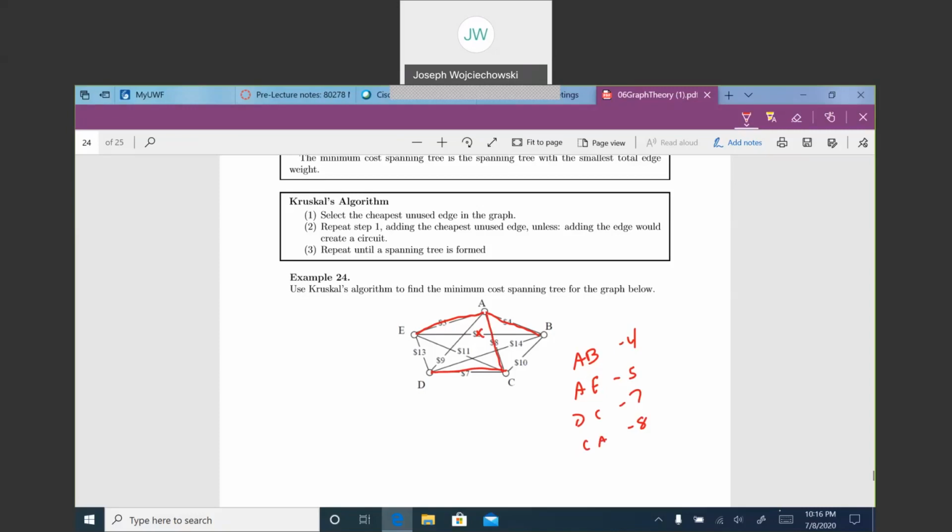So now I can get from D to A, D to C, D to B, D to E, A to E, B, C, and D, B to A, E, C, and D, and so forth. So that is it. That is my spanning tree. And it should be a minimum cost of 24.